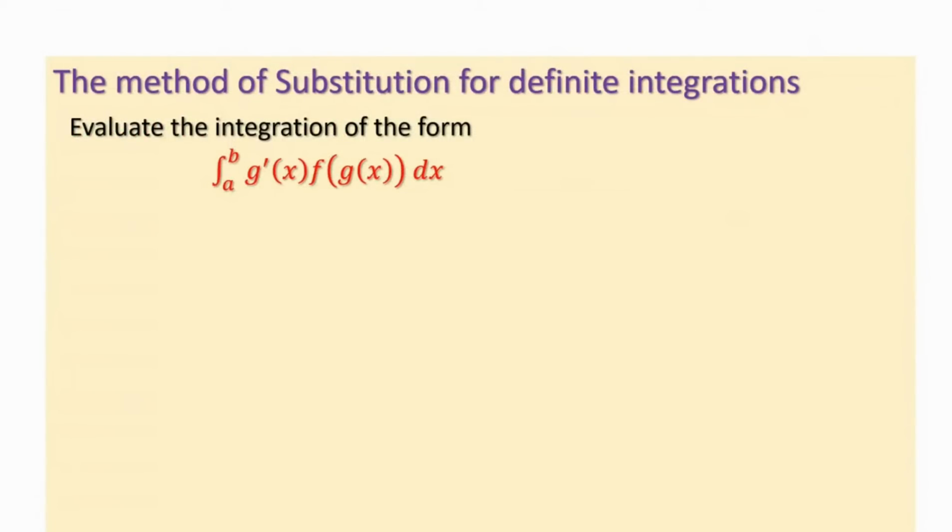Okay, our next part is the method of definite integration. So if you have a definite integral with limits a to b, then how do we solve it? So there are two methods.